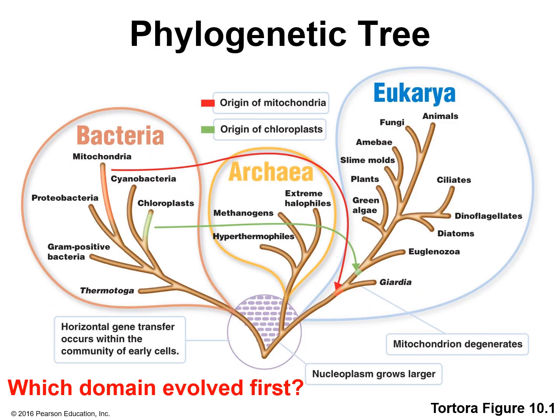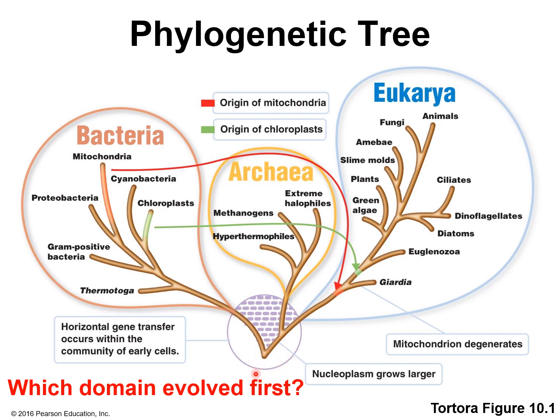So let's take a look at this phylogenetic tree of the 3 domains, and we need to decide which of the 3 domains evolved first. So how we decide that is we're going to take a look at the roots or the base of the phylogenetic tree, and this represents the last universal common ancestor.